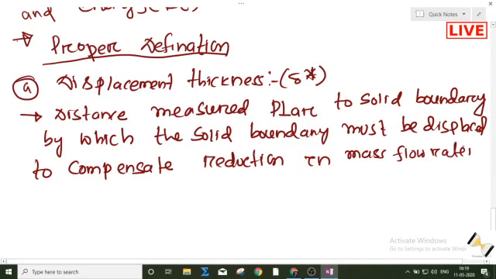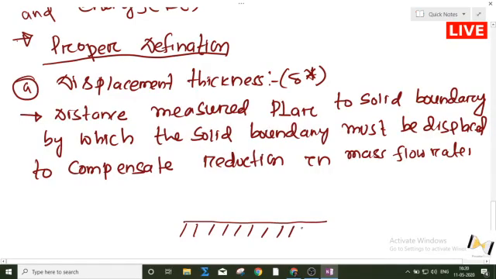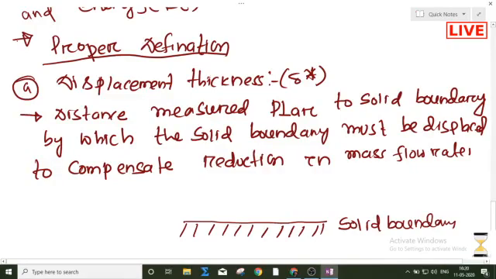What is displacement thickness? The distance measured perpendicularly to the solid boundary. If you look at the figure, this is my solid boundary. The distance measured perpendicularly, by which this solid boundary must be displaced, suppose it is displaced to this distance.